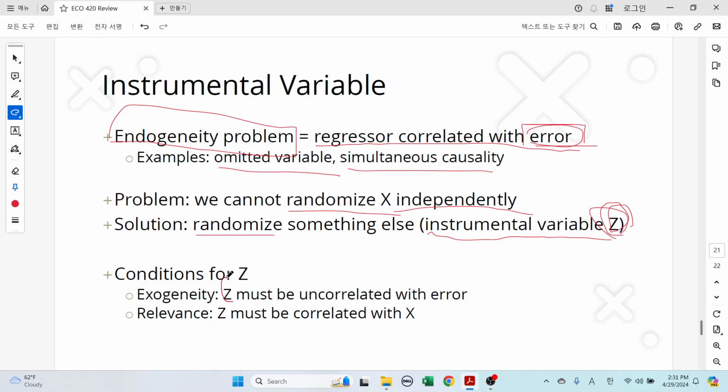First, Z itself must be uncorrelated with the error, which means you can randomize it. But it must affect or be correlated with X, right? Z will affect X because it is an indirect randomization instead of randomization on X.